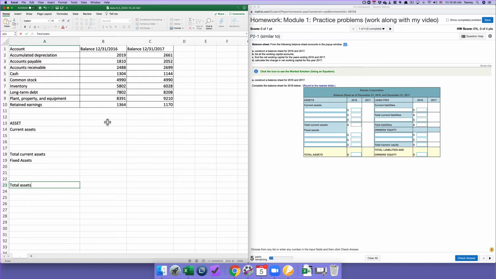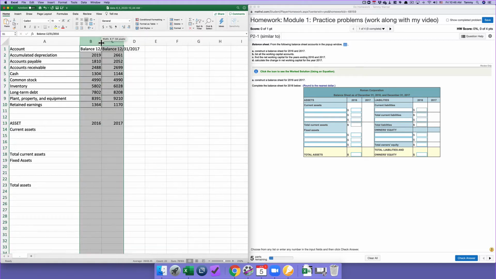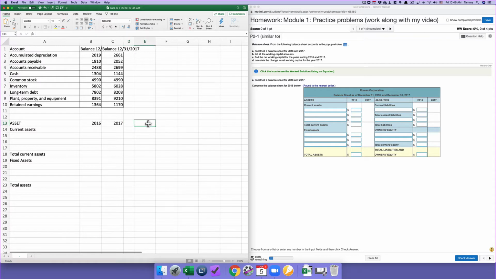Okay, so we have 2016 and 2017. I'll make these columns a little narrower. And then over here, let's make a blank column. Over here we have liabilities in all caps. Current liabilities.